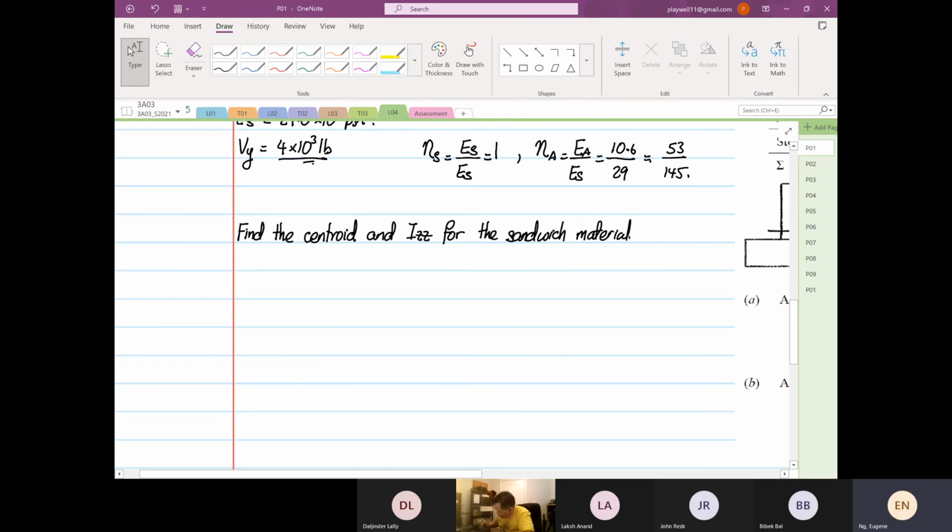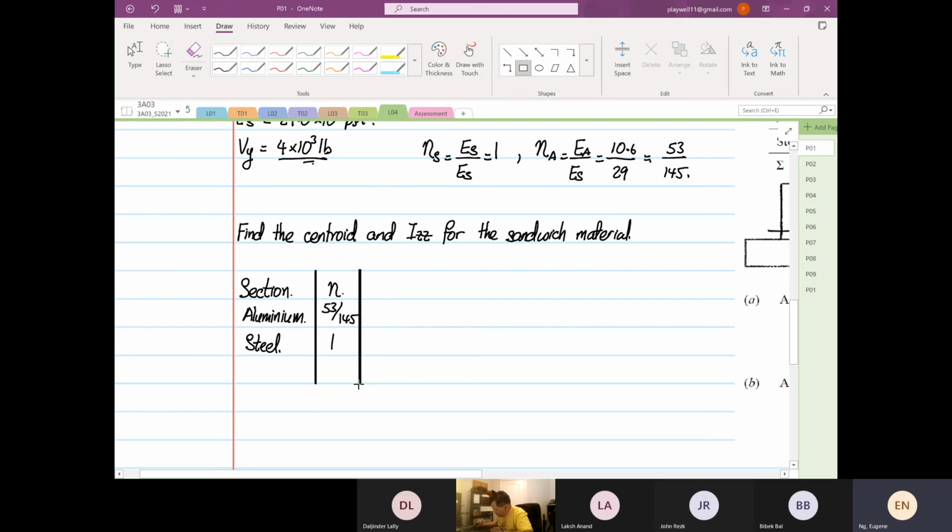I'm going to have 2 sections: one is for aluminum, and the other one is steel. Then we are going to put in our N. For aluminum it is 53 over 145. For steel it is equal to 1 because it's our reference material.